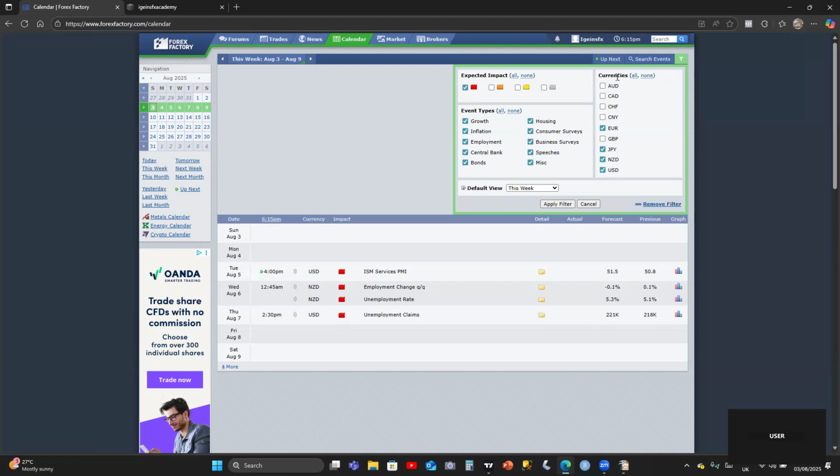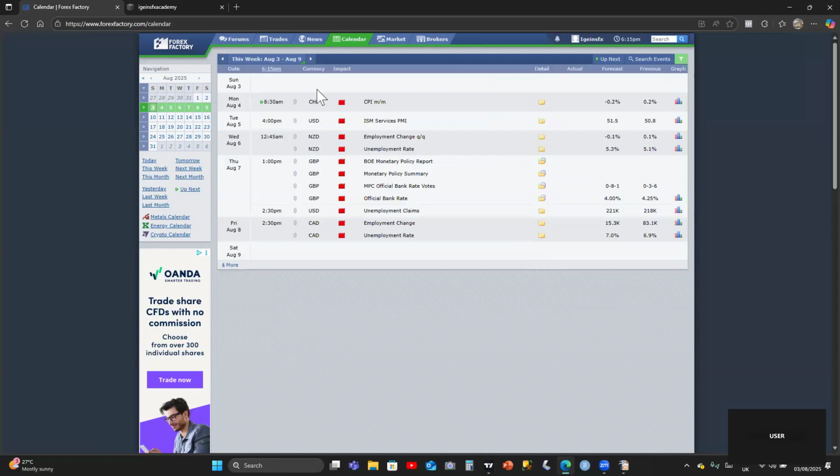you see all the currencies. If you highlight them and apply filter, everything will show. All the currencies will show here. But I don't trade all the currency pairs. So I would be like this USD and right now, Euro.